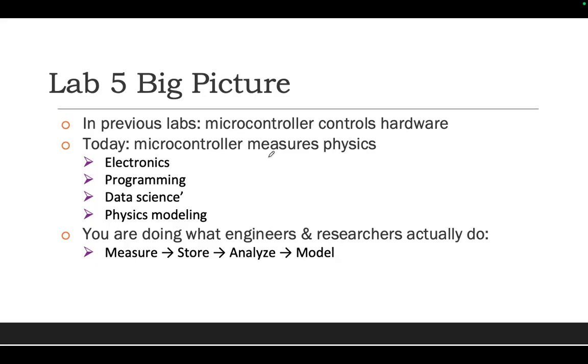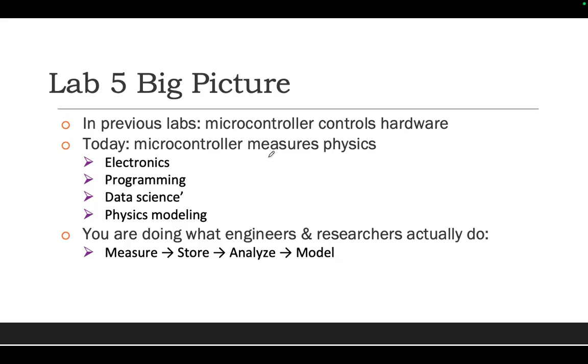Today's lab has electronics theory, programming and data science, because we want to save data. And then physics modeling, where we analyze this data and fit some model.